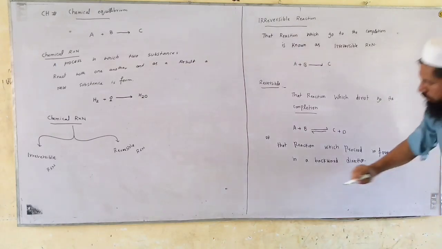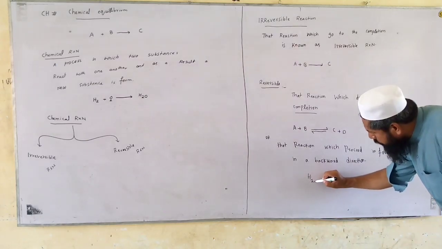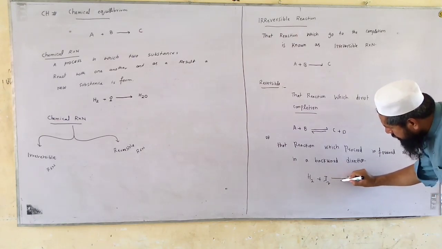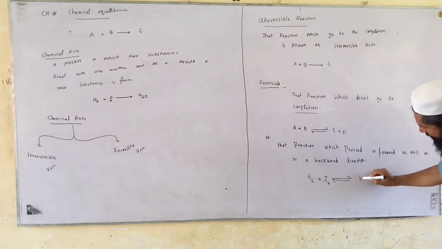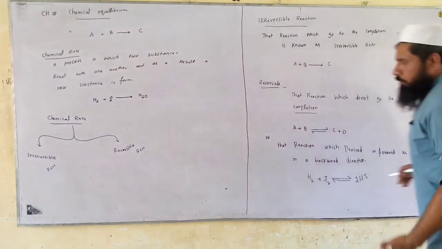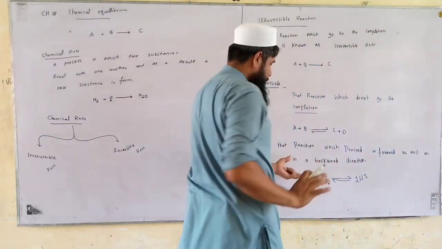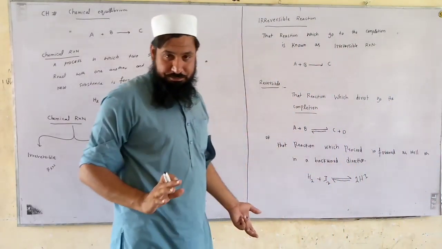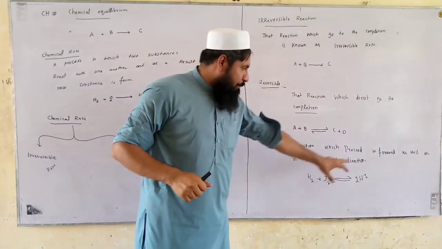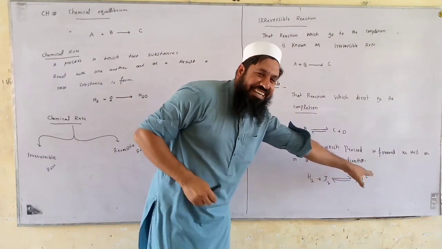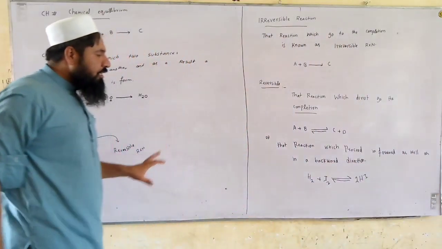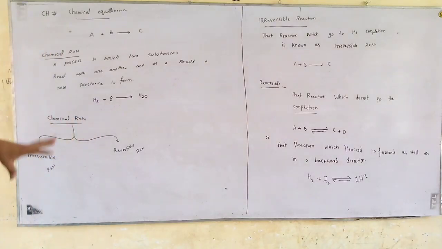For example, when we combine H2 with I2, we will get 2HI. So this is a reaction which does not go to completion, and this reaction can proceed in the forward direction as well as in the backward direction. So these two kinds of reactions we have.